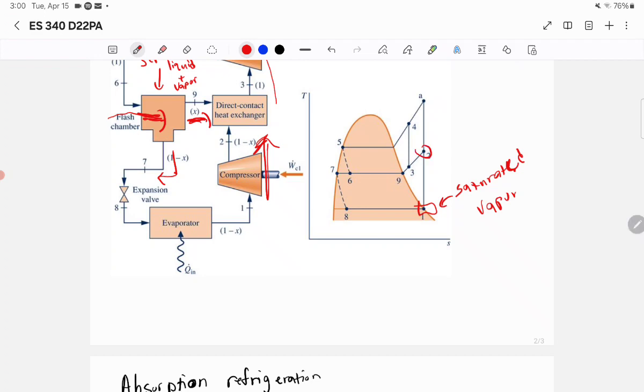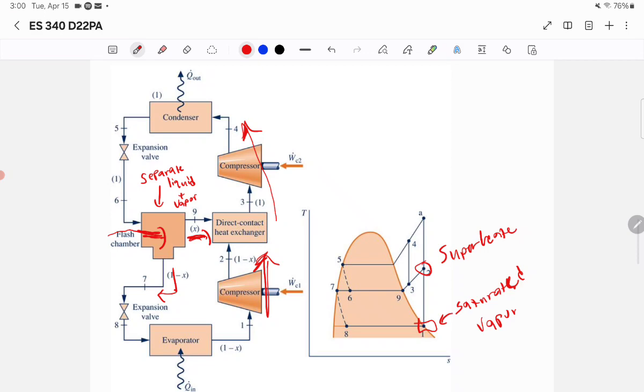And then 2 is obviously superheated. As I go across the compressor, the work is partially converted to superheating this fluid. And notice that this is an isentropic step, at least in the ideal case. Then it goes through the heat exchanger and still remains superheated.